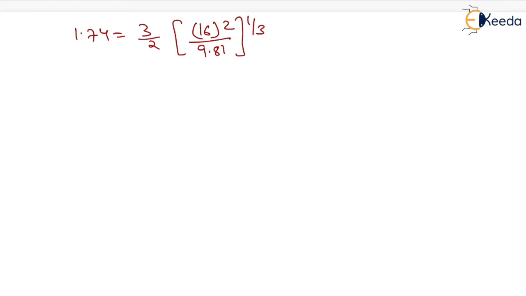After solving this, we will have 1.74 equals 3 by 2 into (16 square upon 9.81) to the power 1 by 3 into 1 by b to the power 2 by 3. After solving this, we will have b equals 4.1 meter.